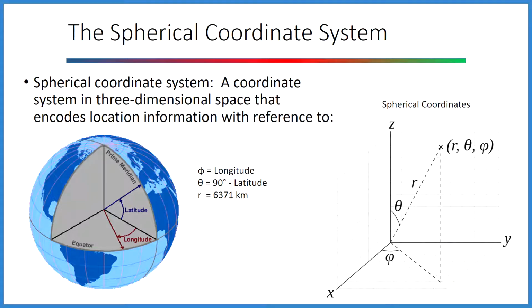In the spherical coordinate system used in geography, we assume that the radius r is equal to the radius of the Earth, which is approximately 6,371 kilometers. If you've taken many geology or geography courses, you may know that the radius of the Earth is not actually a constant value because the Earth is not perfectly spherical.